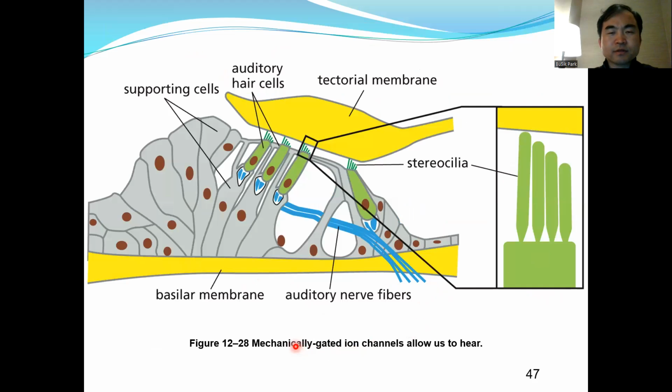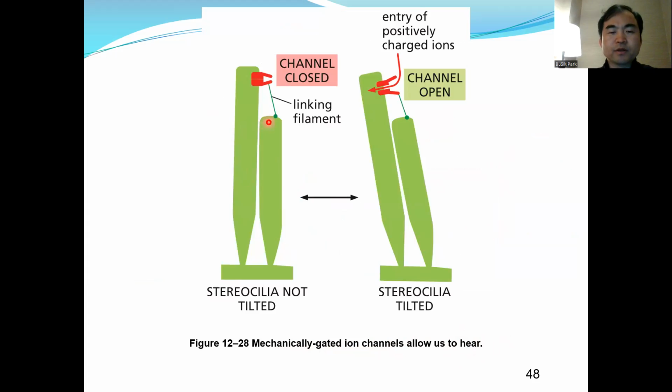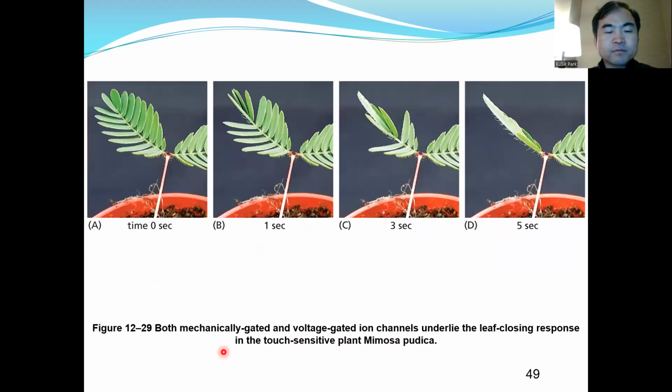An example of mechanically gated ion channels is the hearing part inside our ear. The stereocilia have mechanically gated ion channels, and when they are tilted, the channels open.